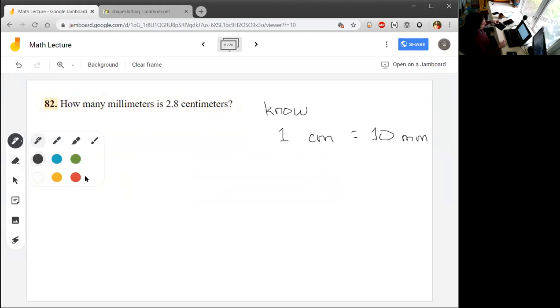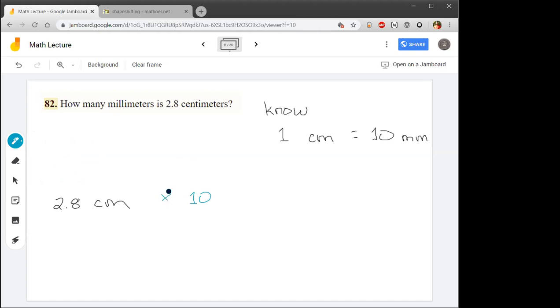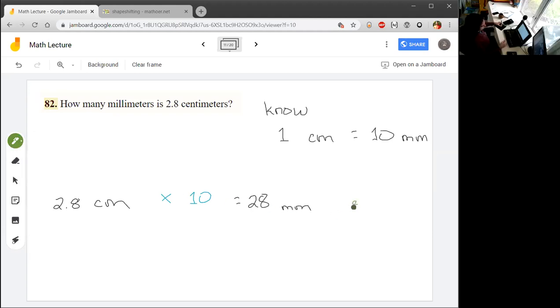So if I have 2.8 centimeters, am I going to multiply or divide if I'm turning it into a smaller thing? Multiply? Multiply. Because again, we're shattering or breaking apart or whatever you wanted to call it.